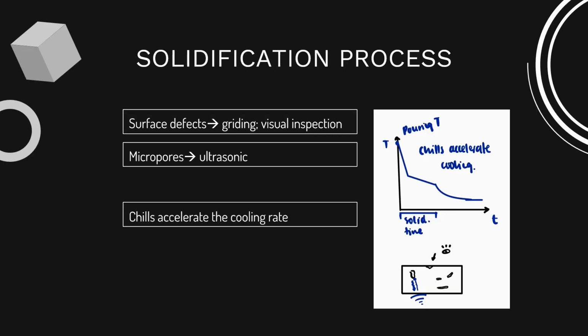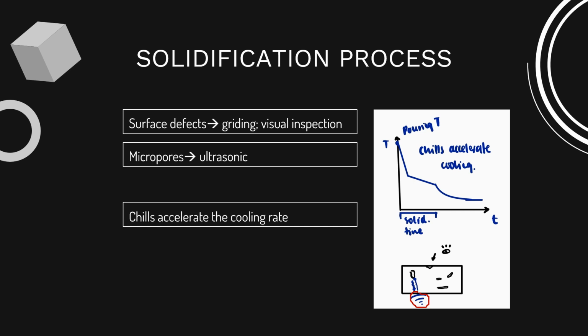Okay, so finally about solidification. We have, as I just said, that the surface defects can be detected visually and micropores can be detected using ultrasonic tests, in which you send a signal and you measure the time it takes the signal to come back in order to detect whether there is a pore or not.